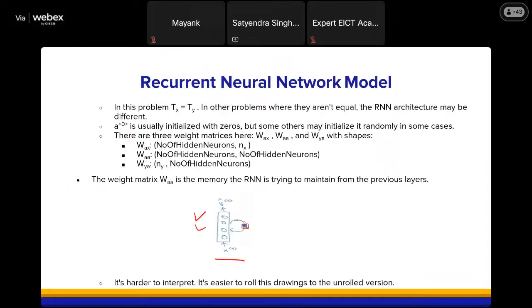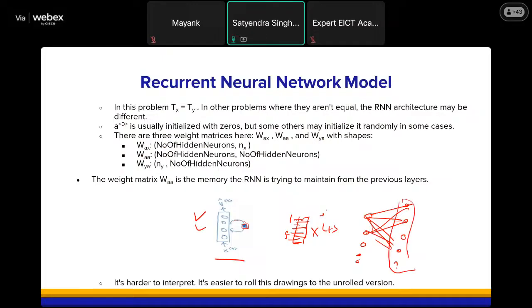And since it is a neural network, when you give the input, let's say xt, a vector of size 1 to 5, so 5 inputs are there, and some hidden nodes are there as a hidden layer. Obviously weights are involved.